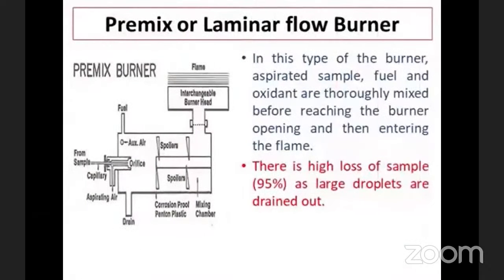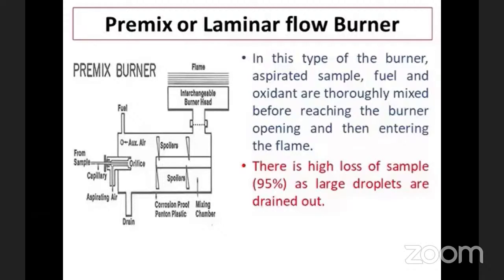In a premix burner, only the small droplets of the sample reach the flame, as the large droplets are trapped by baffles and drained off. Hence, only about 5% of the sample is introduced into the flame and the rest is wasted. But this small percentage is responsible for the efficient atomization of the sample.